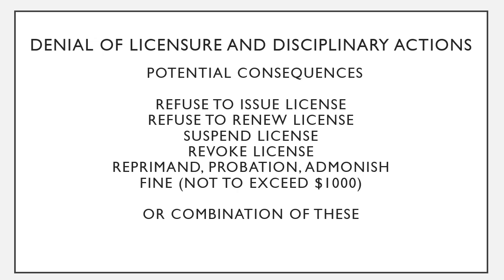If investigated and any of the grounds for disciplinary action are found to be factual, the Board of Licensure has several options for addressing problems. For the simplest matters, a simple admonishment may be made. As matters become more serious, revocation of a license may ultimately become the resolution, with many steps in between.